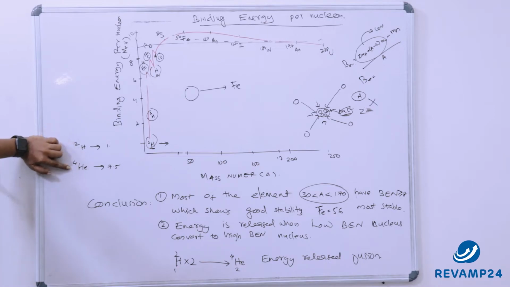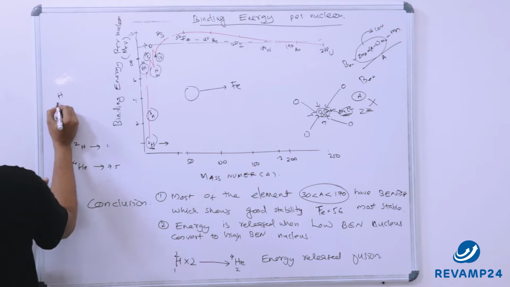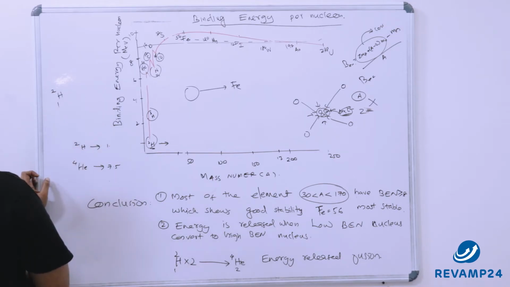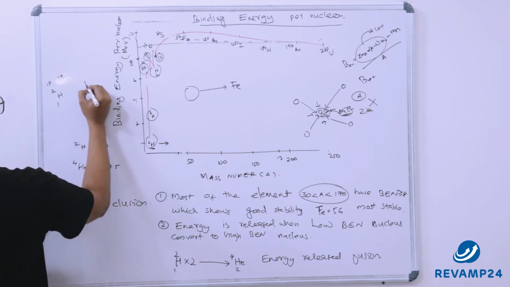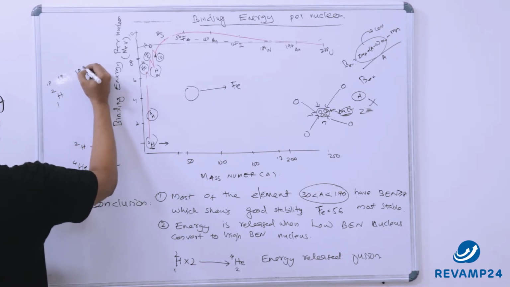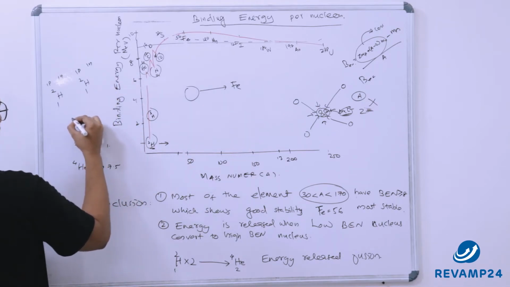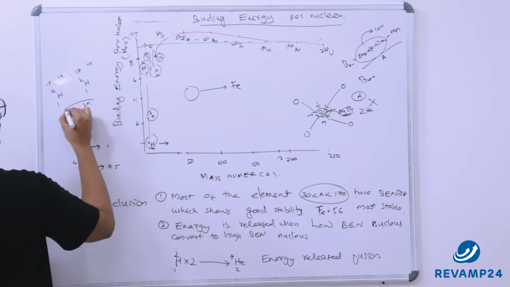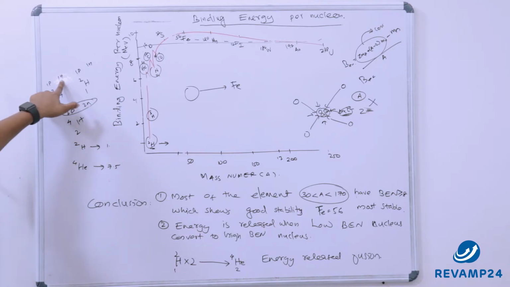How can this convert into this? See, deuterium has 1 proton and 1 neutron. And one more deuterium atom, that is also 1 proton and 1 neutron. And what about helium? Helium has 2 protons and 2 neutrons.